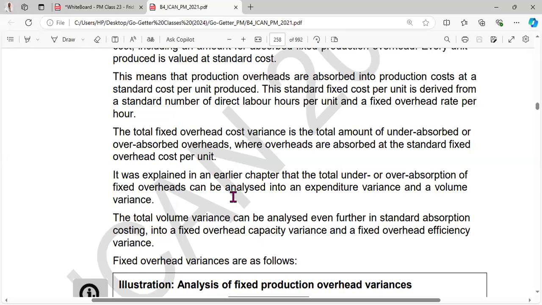Then you compare it to what actually happens, and so you get either under absorption or over absorption. I would like you to refer to our absorption costing lecture where you saw over absorption and under absorption, but we are still going to look at it a little.